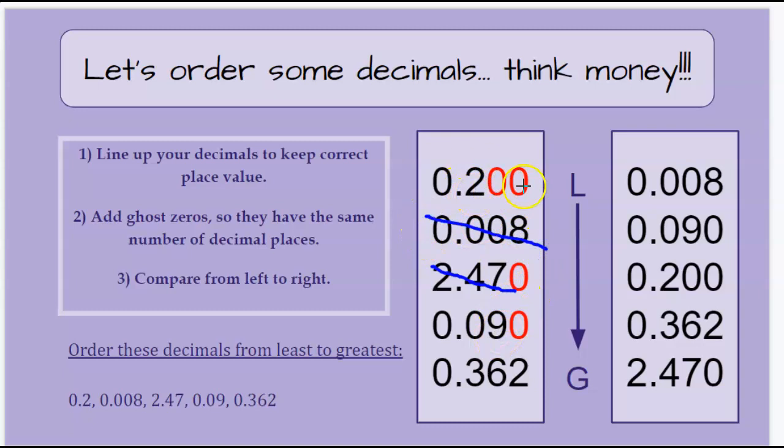Then I say, okay, 200, 90, 362. Well, then 90 is now my second least. So I cross it out and I write it down. Then it would be 200 and then 362. Now, if you notice, it's just an easy way to kind of keep yourself organized because with all these weird decimals, it's really easy to get confused.